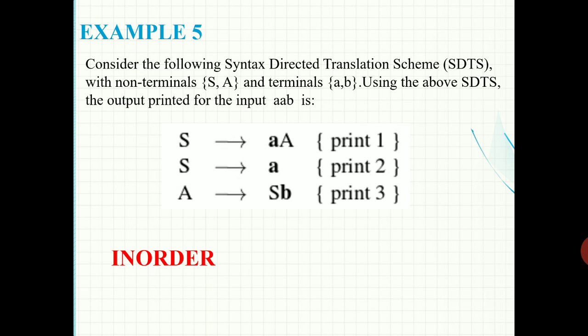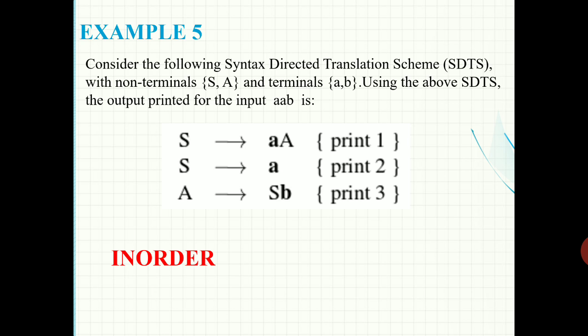If it is the same question, using the above SDT, the output printed for the input aab, and nothing is specified about whether it follows a bottom-up parser or top-down parser, then you can simply go to the topological sort. In that case it follows the in-order traversal.